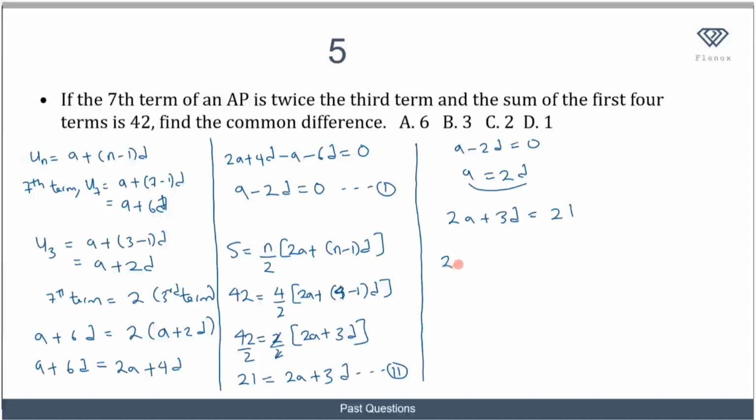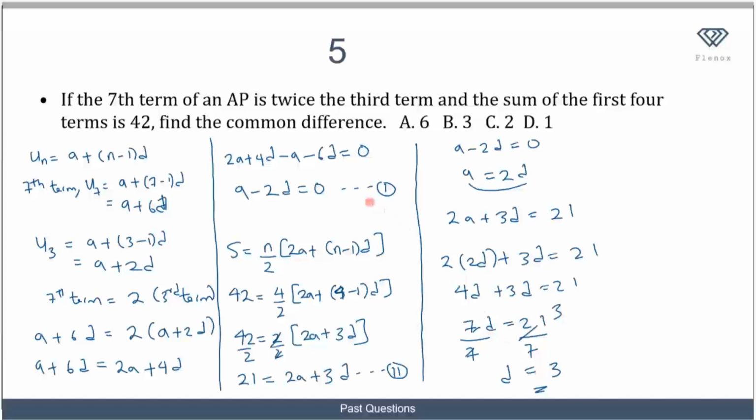So I can substitute it here. So I have 2 into bracket 2D plus 3D is equal to 21. 2 times 2 gives me what? 4D, then plus 3D is equal to 21. So 7D is equal to 21. If I divide both sides by 7, I get what? 3. So D is equal to 3. So the common difference is what? 3. So the correct option is B.